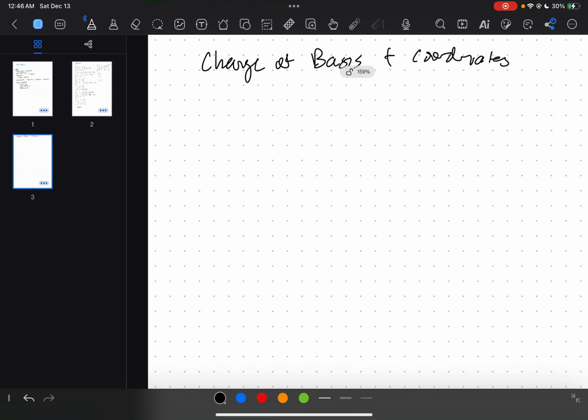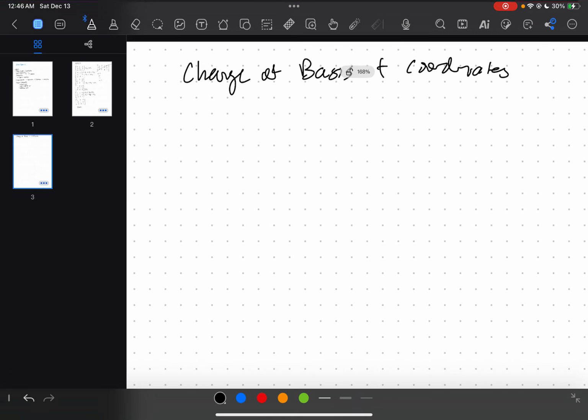So change of basis is basically when you change your basis vectors, which you should learn in chapter 1.